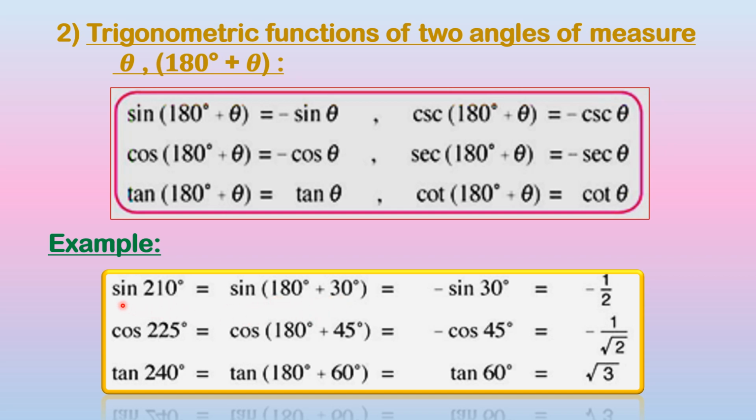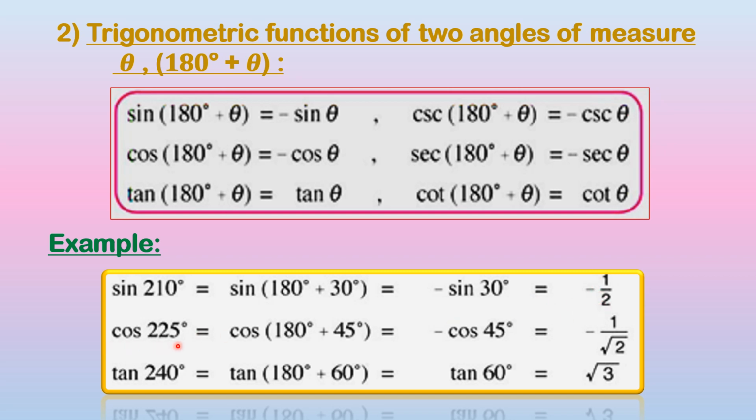So sine 210 equals sine 180 plus 30. Sine is negative in the third quadrant, so the answer is negative sine 30, which equals negative 1 over 2.